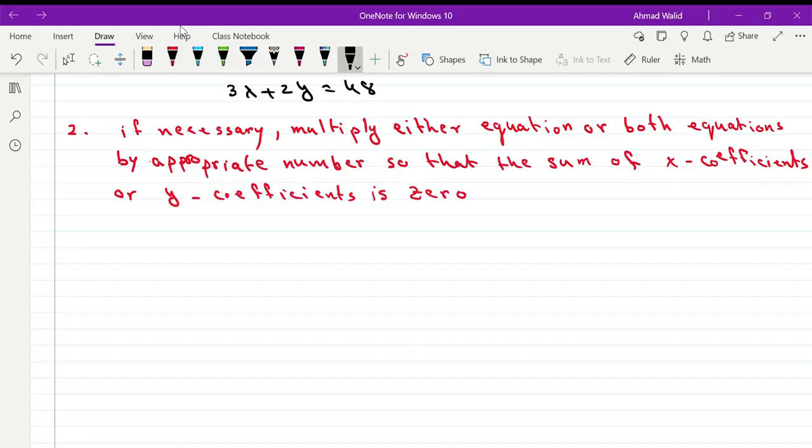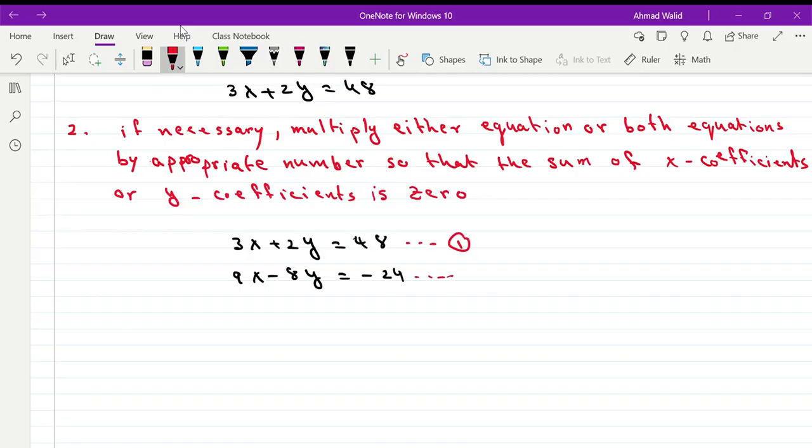The example that I copied: you have 3x plus 2y equals 48, and equation number 2, 9x minus 8y equals negative 24. Choose one of the variables. Which one do you want to eliminate? For example, in this system, I want to eliminate x, correct?